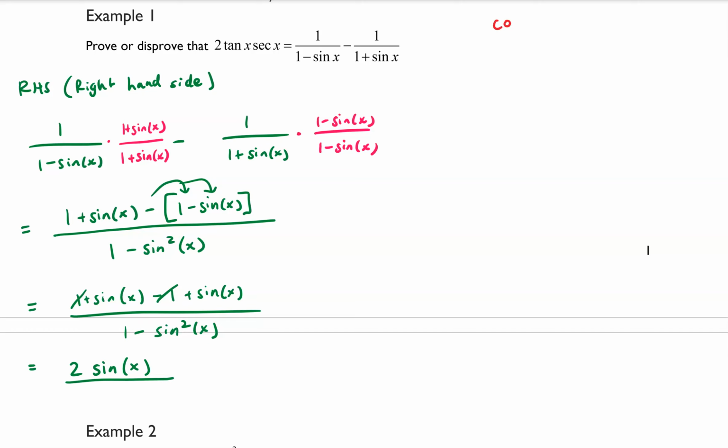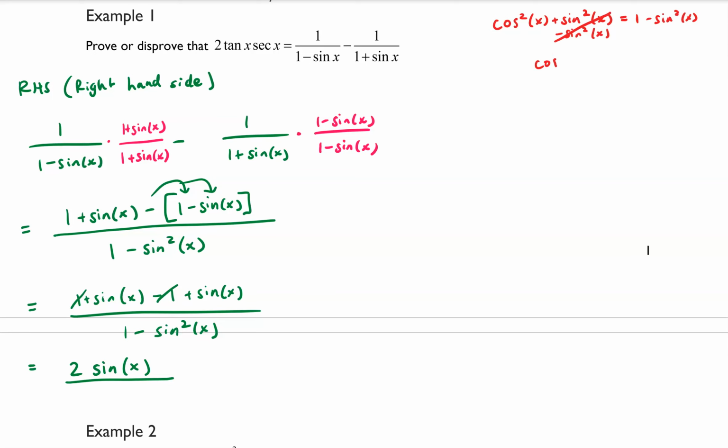Now, I'm going to come off to the side here. Remember that our Pythagorean identity says that cosine squared x plus sine squared x is equal to 1. This is a really important identity, and I can manipulate it if I subtract sine squared x on both sides.